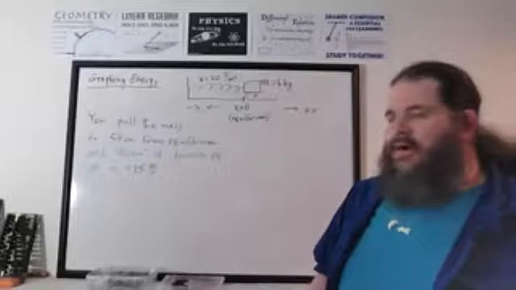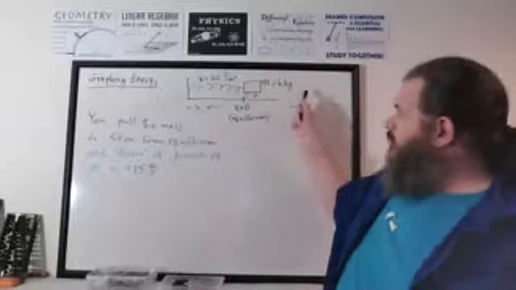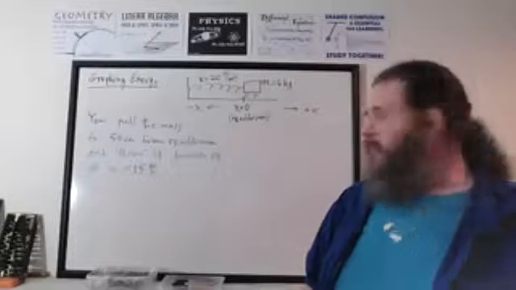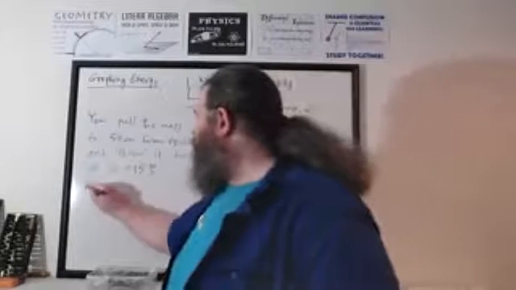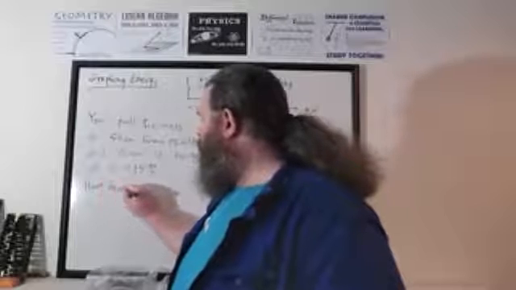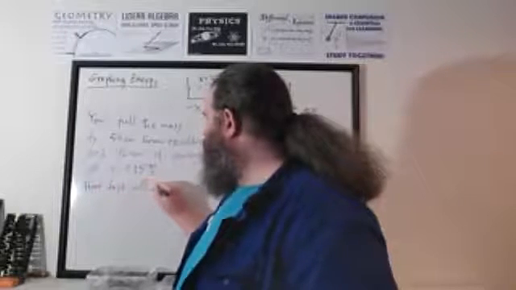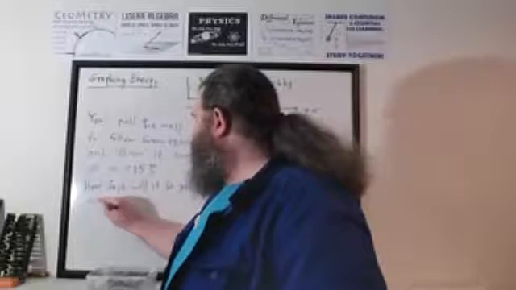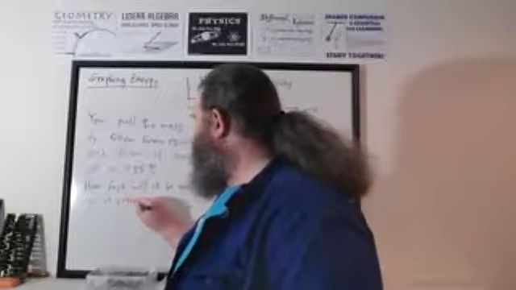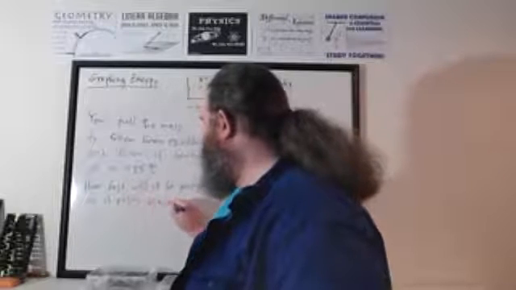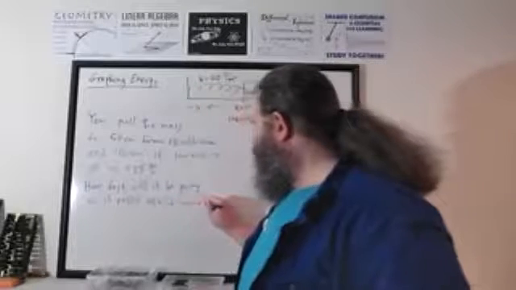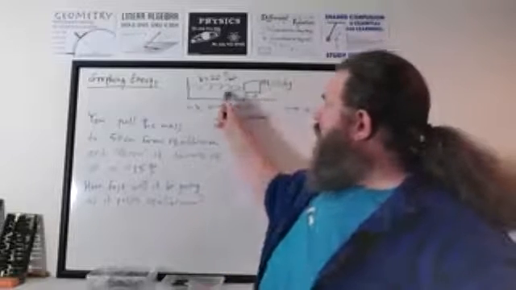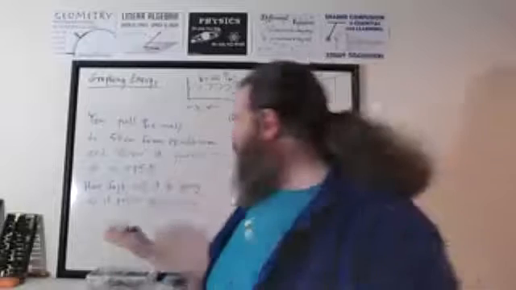And let's say we want to know, presumably if you throw it, it'll eventually get to equilibrium. And we want to know how fast is it going when it passes through equilibrium. And let's say we also want to know, after it passes through equilibrium, how far will it compress the spring?